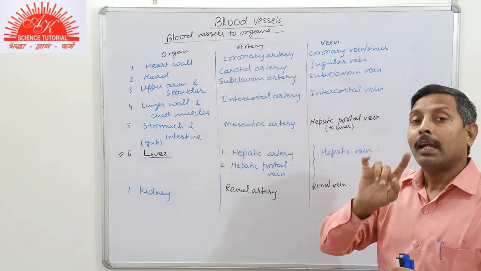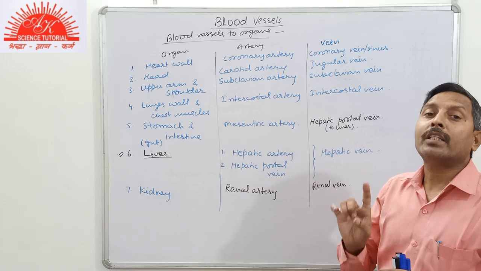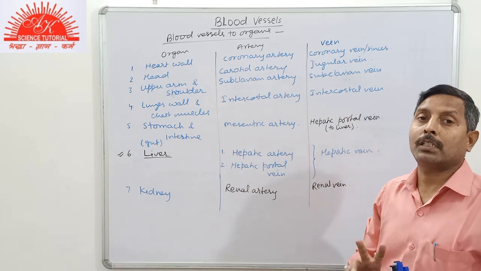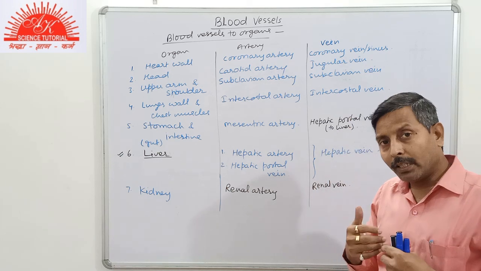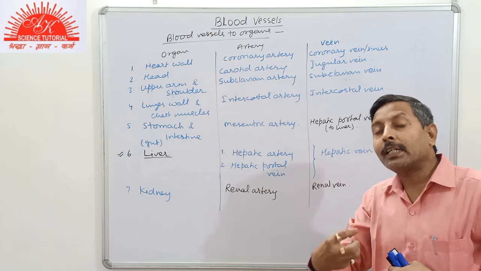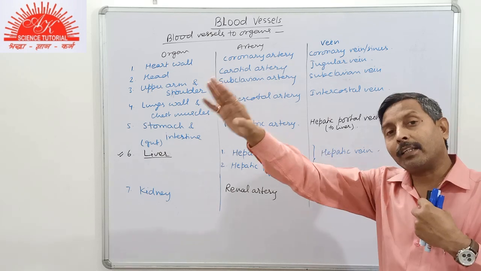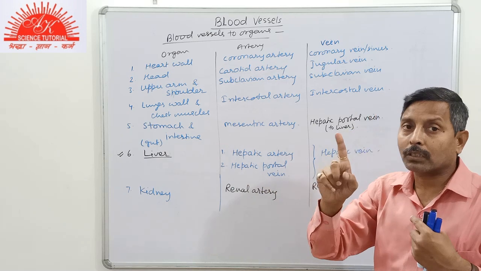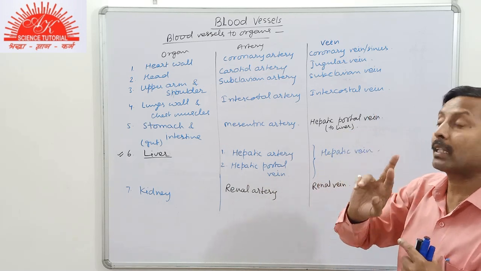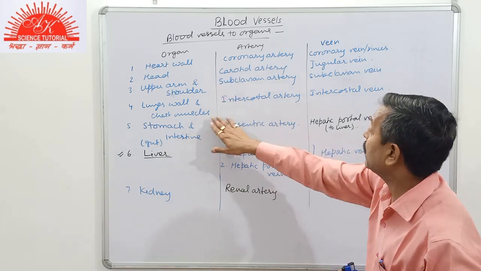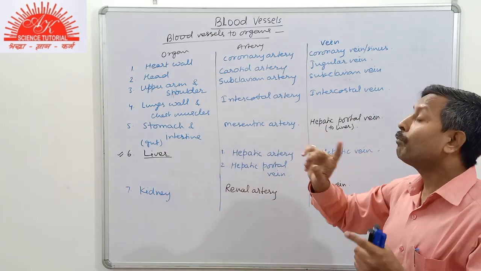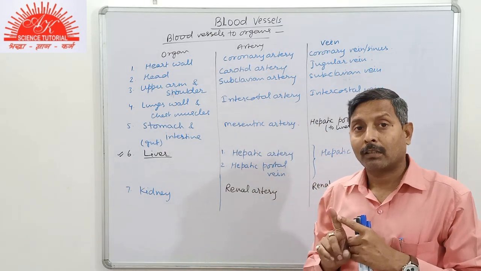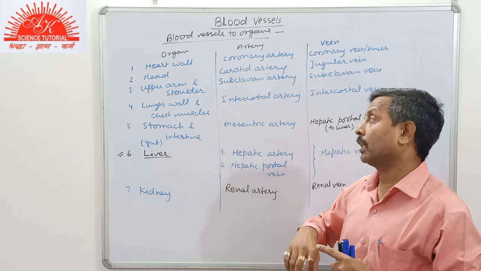Like first, name the blood vessel which carries maximum oxygen. As we know, in the lungs oxygen is taken in. So from there the blood vessel will arise to carry maximum oxygen. So the blood vessel carrying maximum oxygen is the pulmonary vein.